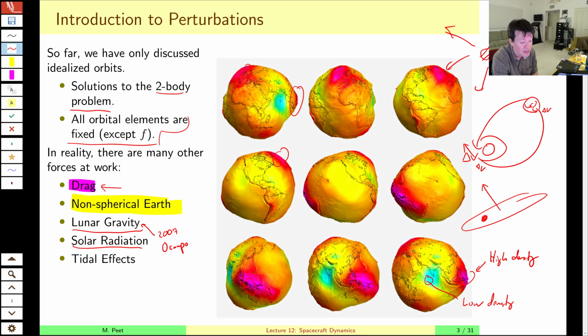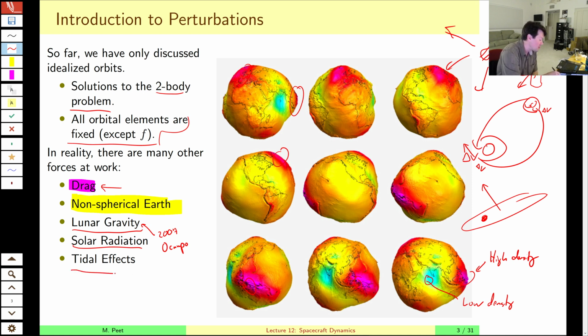Mostly solar wind, and those can push spacecraft, especially spacecraft with large wings, if you will, large surfaces on which the solar particles bounce off of.